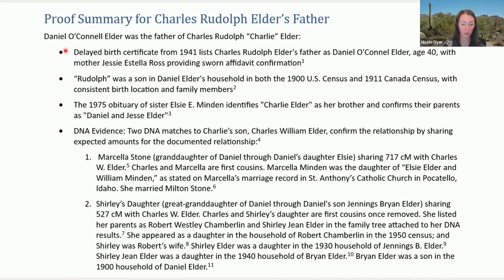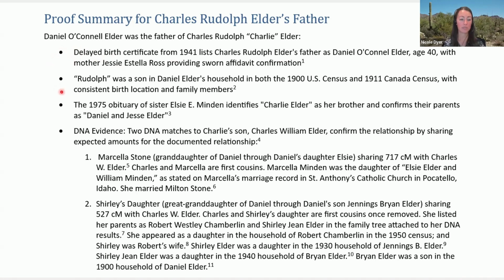So that one's pretty straightforward. That's direct evidence, and it does have primary information because Charlie's mother is providing the information and she would have firsthand knowledge about the father. So this is really good documentary evidence.